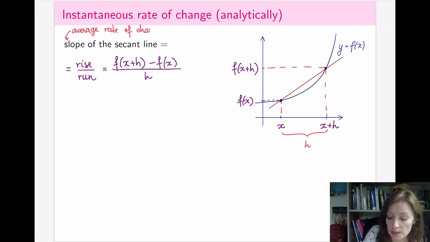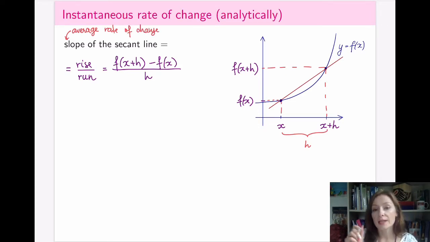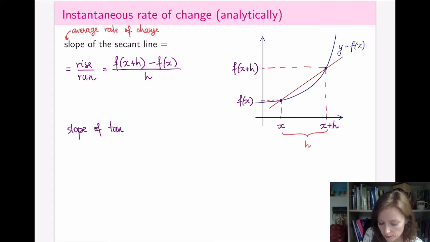To get to the instantaneous rate of change, I need to move these 2 points closer together until they're essentially on top of each other. So what I'm going to do next is compute the slope of the tangent line.